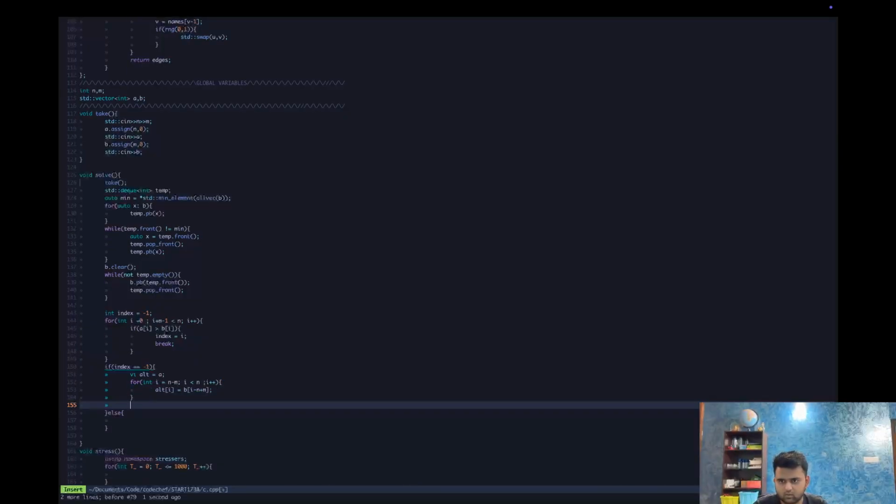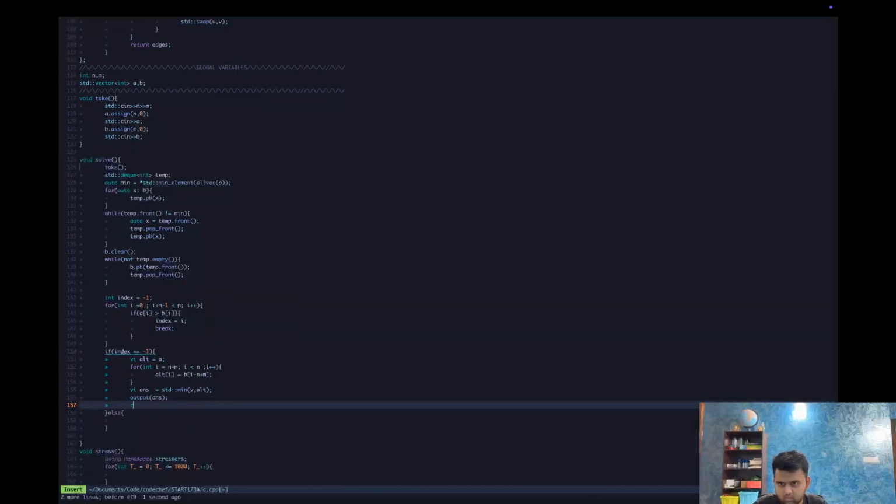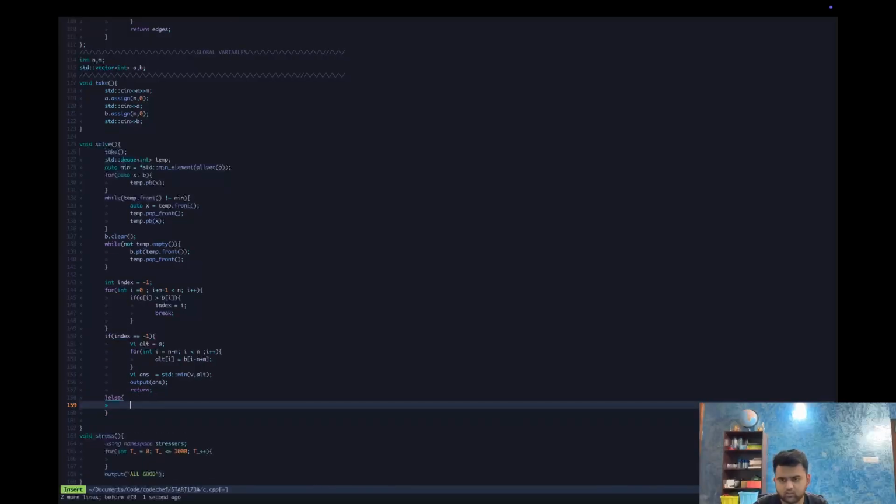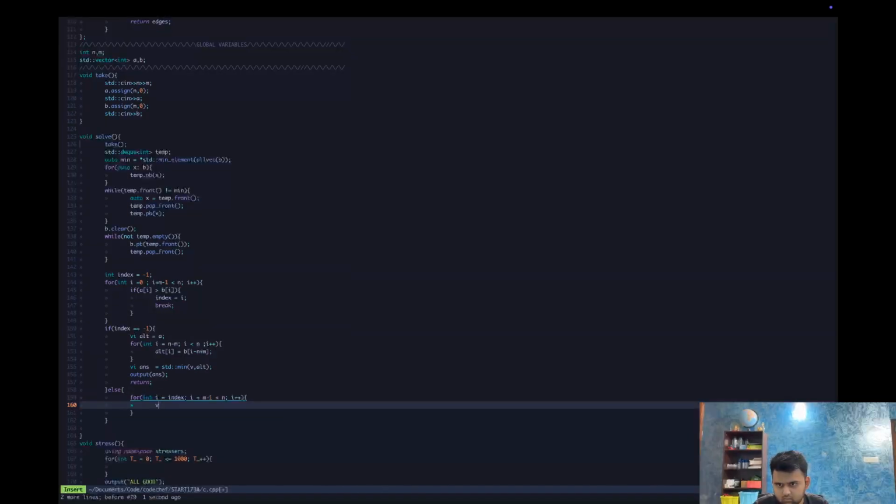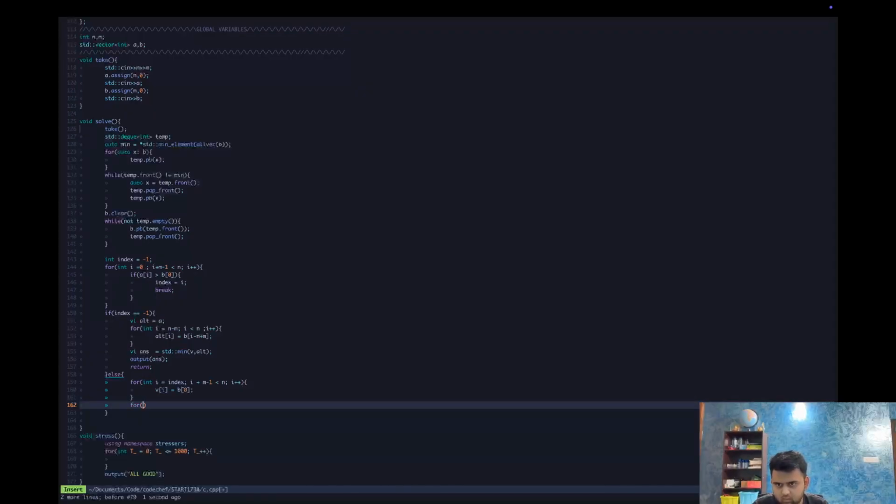So the variant is whichever is smaller. Else, for int i equal to index, i plus n minus 1 is less than n, i plus plus, v of i is equal to b of 0, and then do the same thing.